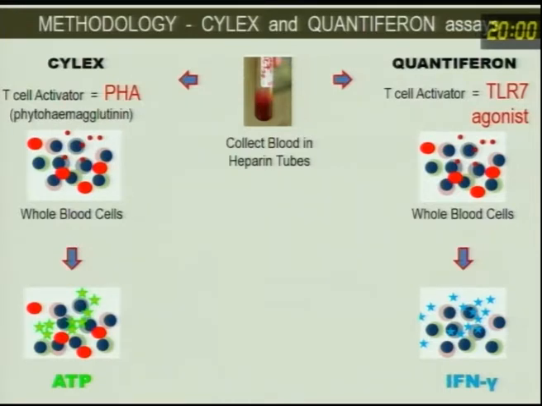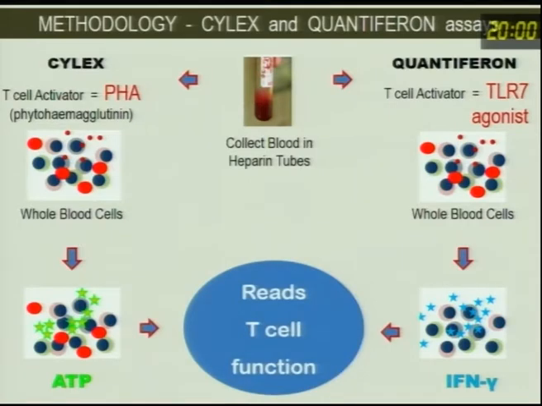Now all I have to do is quantify how much ATP or interferon gamma has been produced. There are nice equipments like a luminometer and ELISA that detect the signals, and based on that I can quantify the ATP or interferon gamma. Both of them read the T cell function.